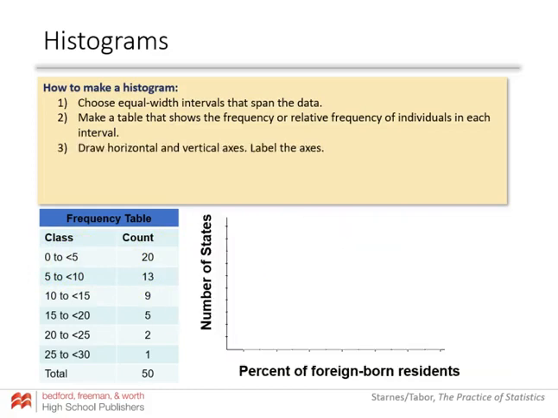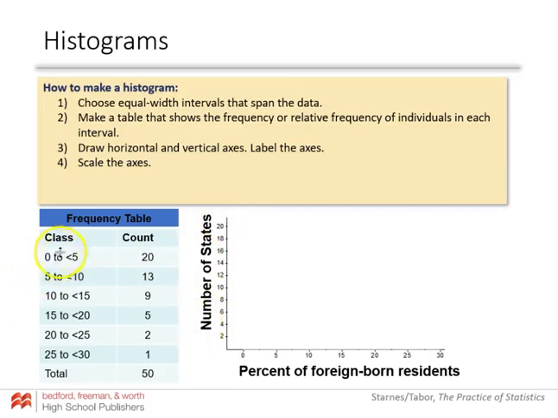Okay. Then, just like any graph, we need axes that are labeled. Okay, so number of states, percent of foreign-born residents, and we always need scales. Okay, I know that we went up to 30 on my percent, and then for number of states, the highest frequency over here is 20, so I need to go to at least 20.